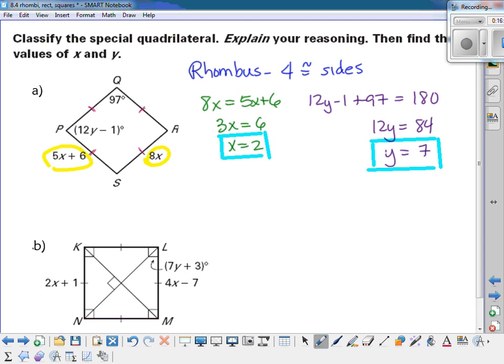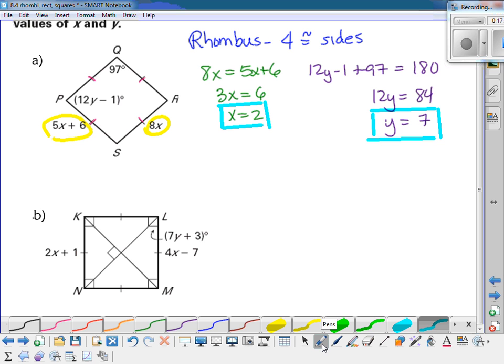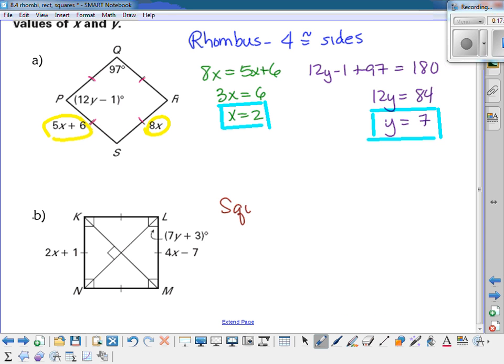Okay, one more for you to take a look at. All right, so this one has all 4 sides congruent and all 4 angles are right angles. So that means that it is a square. Four congruent sides and 4 congruent angles.